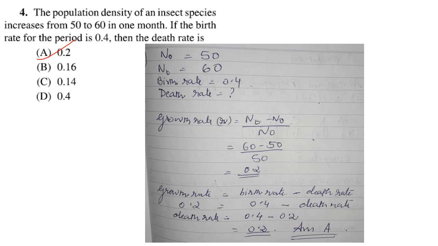(Nt minus N0) by N0, you will get it as 0.2. Growth rate is equal to birth rate minus death rate. So substituting, growth rate is 0.2, birth rate is 0.4 minus death rate. So death rate is 0.4 minus 0.2. So 0.2 is the answer. Answer is option A.